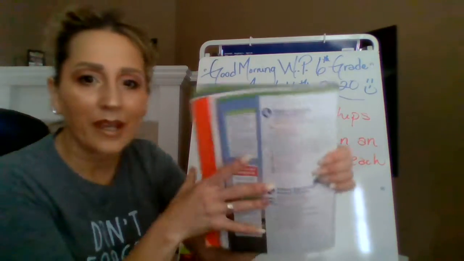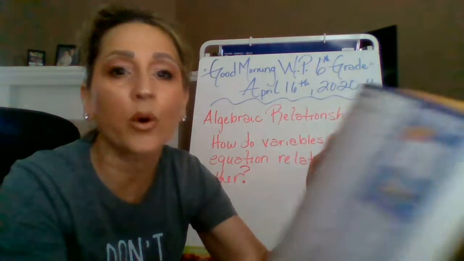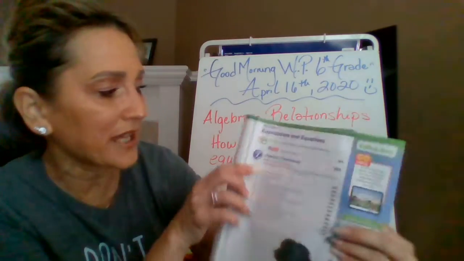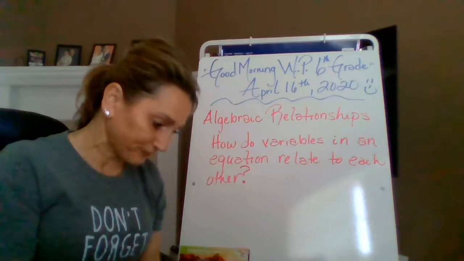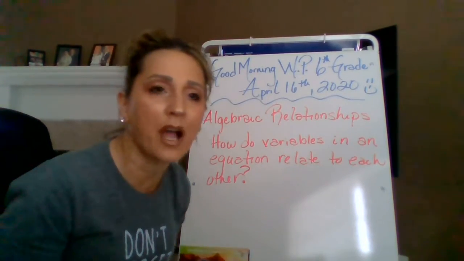Chapter 9, which talks about algebraic relationships between variables. We just left chapter 8, which talked about algebra, equations, and inequalities. And before that, we had done chapter 7, which dealt with expressions in algebra. So all of it dealing with algebra. And so this is really our last chapter in algebra, chapter 9.